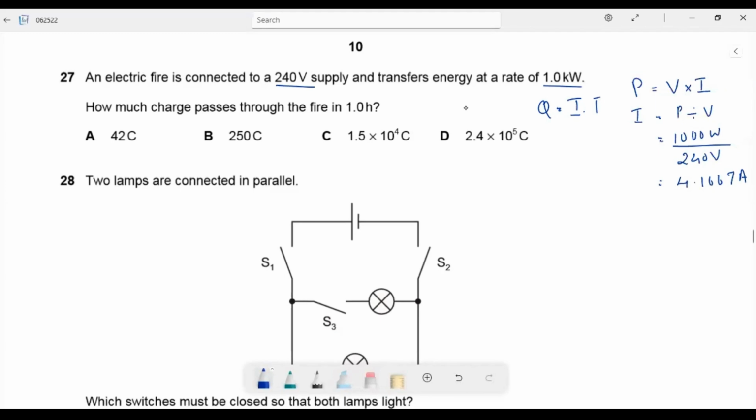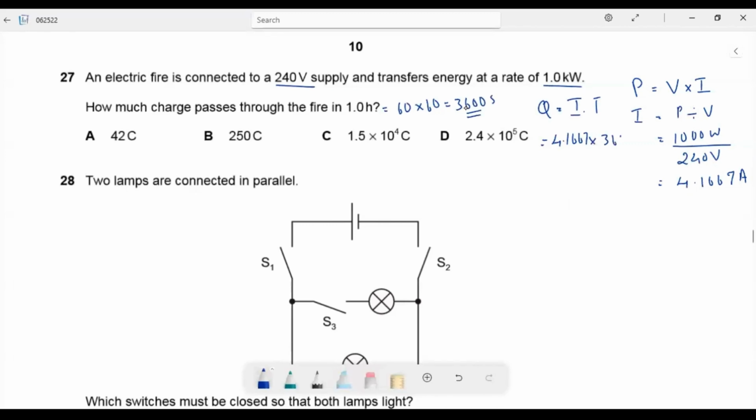Next, we can find charge Q is equal to I into T, that is equal to 4.167 into time, which is 1 hour. 1 hour means 60 minutes into 60 seconds, that will be equal to a total of 3600 seconds.